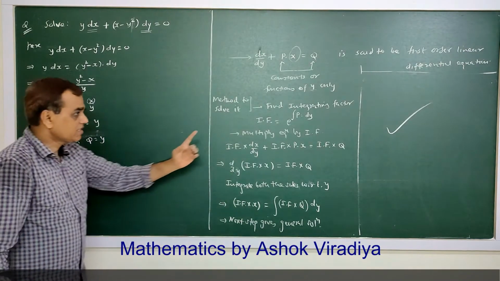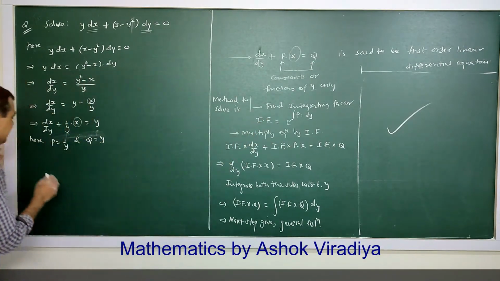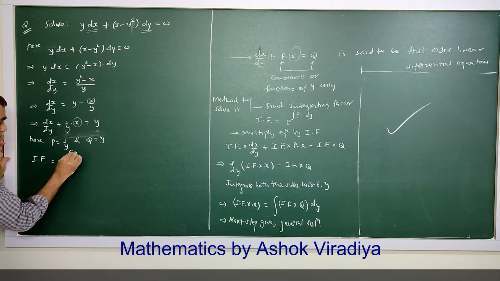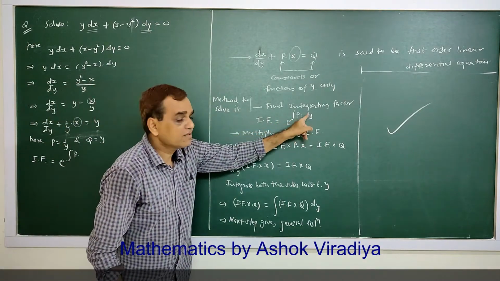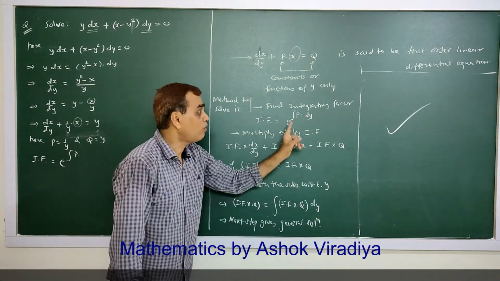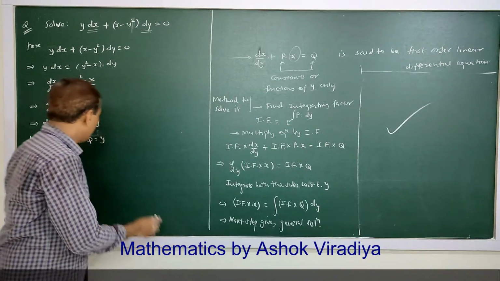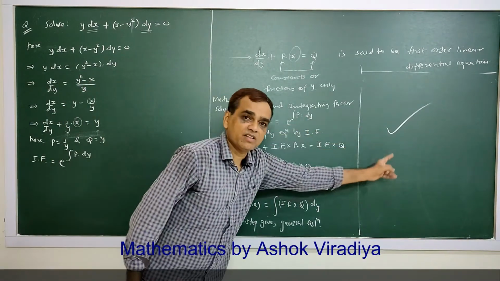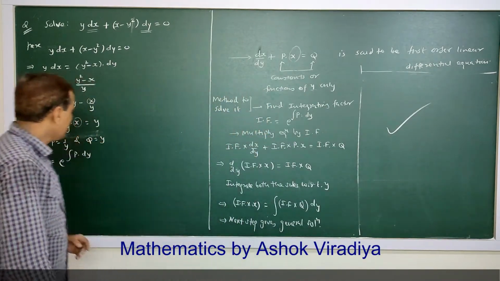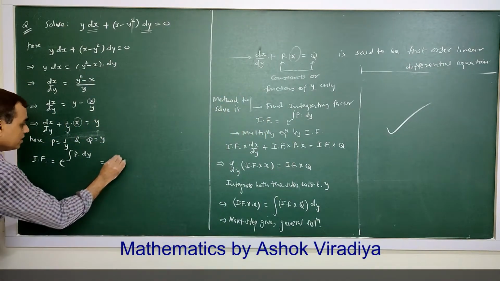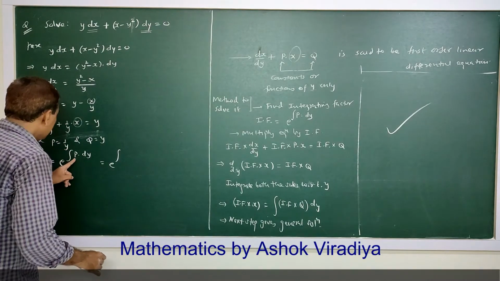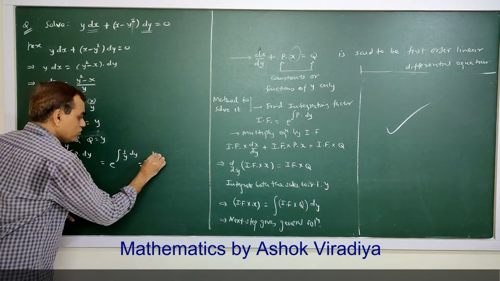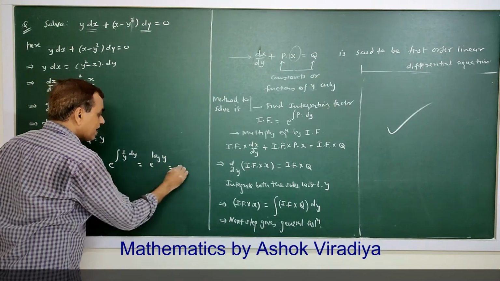First step is the integrating factor. So the integrating factor is e raised to the integral of p. See, here we do everything with respect to y. In the last question we did it with respect to x. So it is equal to e raised to the integral of 1 upon y, so this is e raised to log y, and e raised to log y is y.